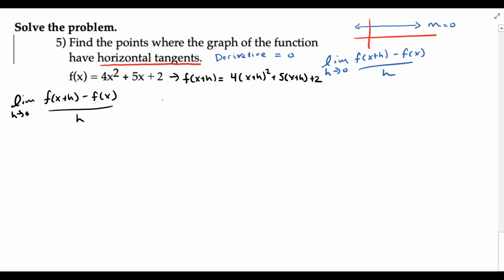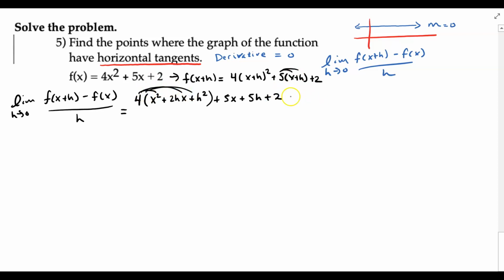With the binomial expansion, you'd have 4 times, and x plus h squared is x squared plus 2hx plus h squared. Then we can do the distribution here, plus 5x plus 5h plus 2.